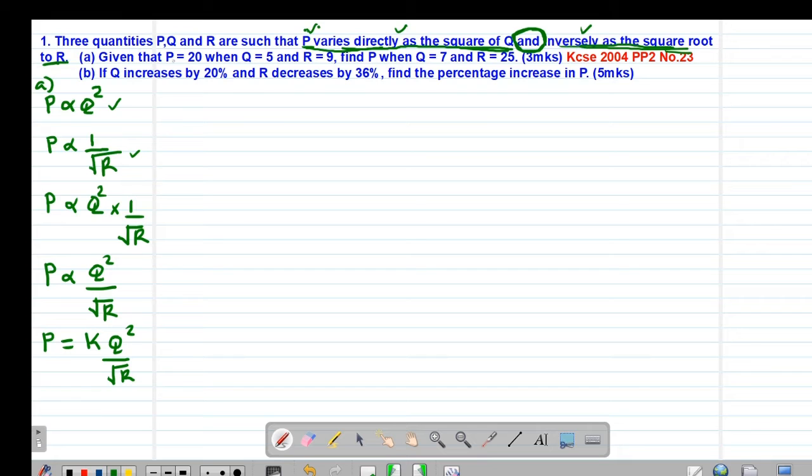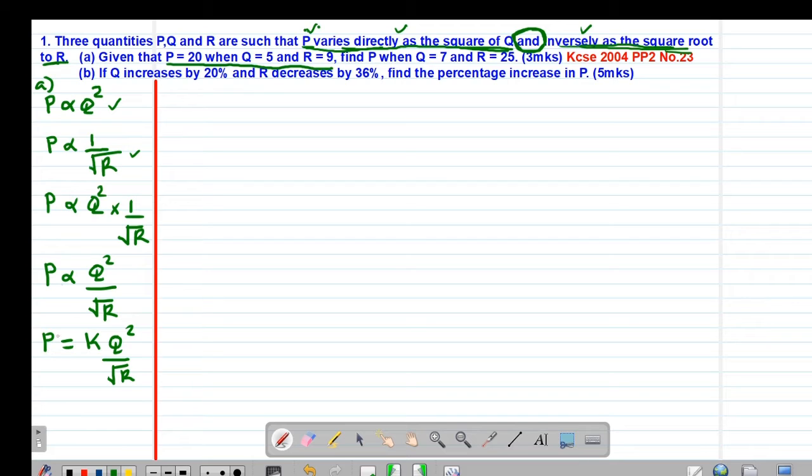Then remember, we are given quantities to find the value of k. We are told that P is 20 when Q is 5 and R is 9. So this is to help us find the value of k. Therefore, we are simply going to substitute the given values in our equation so that we find the value of the constant k. So if I substitute, I'm going to get the following.